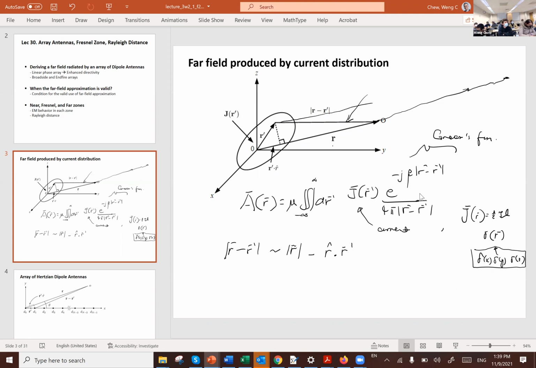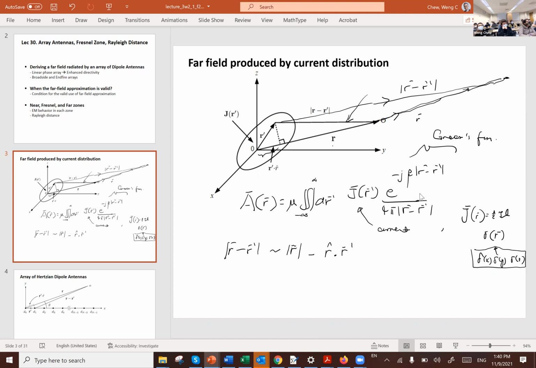Then if you were to draw r minus r prime, it is almost going to be parallel to r. The two vectors are going to be almost parallel to r. Then if these two are parallel to each other, then the difference in the length is just equal to that.